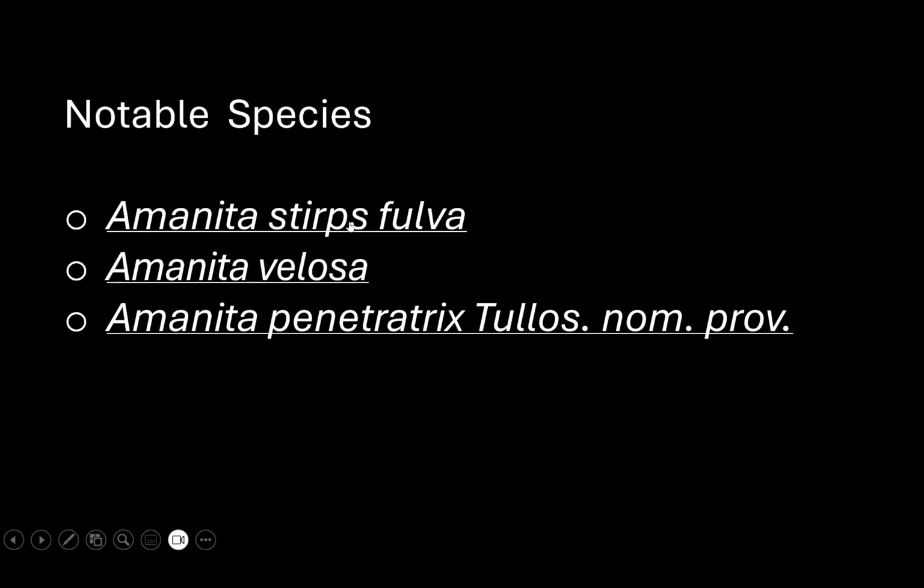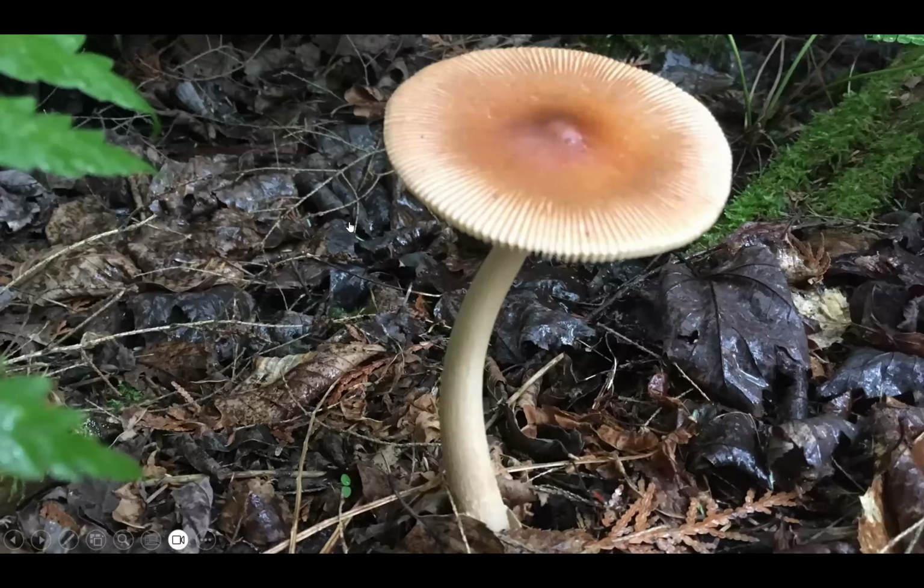It seems to me like the specimens in the Northeast are really different from those in the Midwest, entirely different from those in the West, and also different from those listed on Micro-Quebec. So I'm just going to share a couple I'm kind of familiar with, and this one I'm just referring to as Amanita stirps fulva, meaning it looks like fulva.